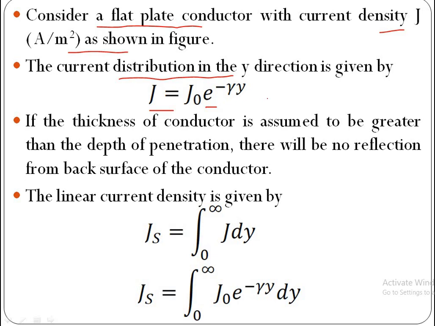We need to find the linear current density Js from the current density J. Units of Js are ampere per meter.